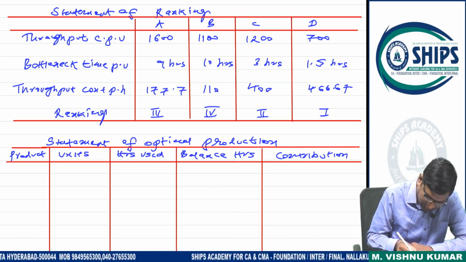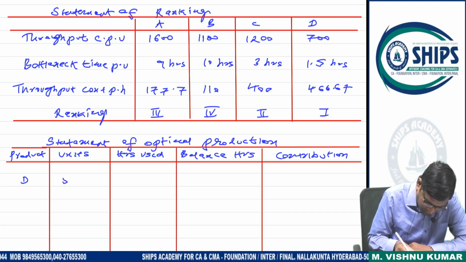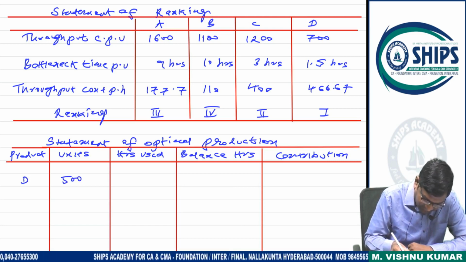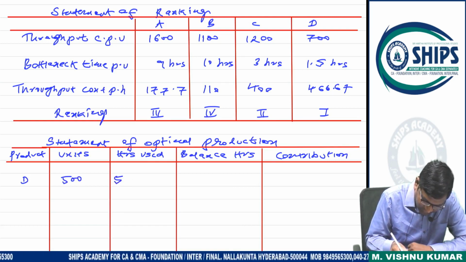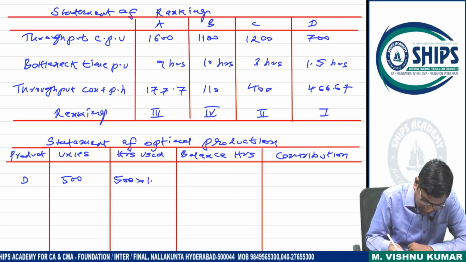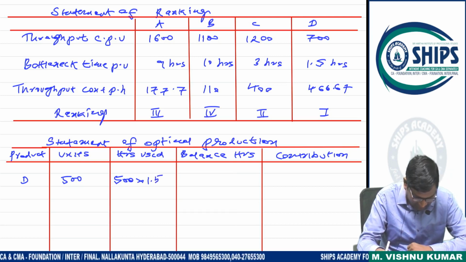Let's see, first we have to produce D. So for 500 units we can produce here. If 500 are produced, how many hours will be used? 500 into 1.5. We are deciding according to bottleneck hours.